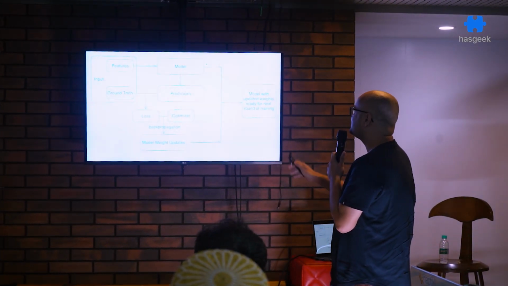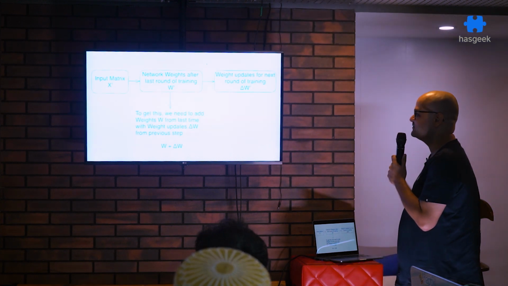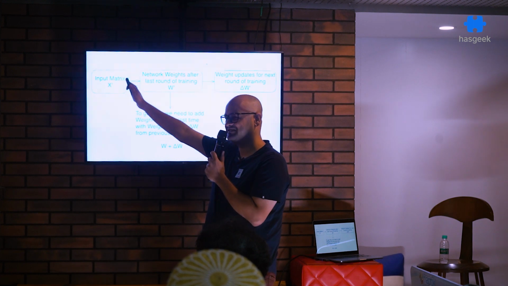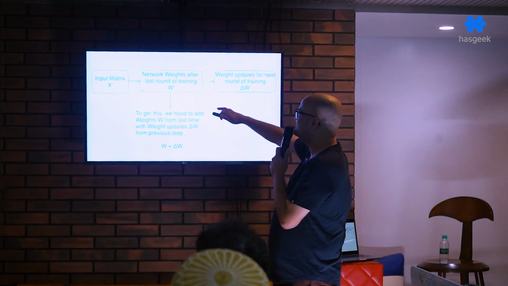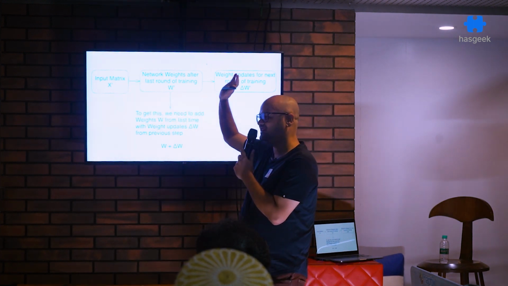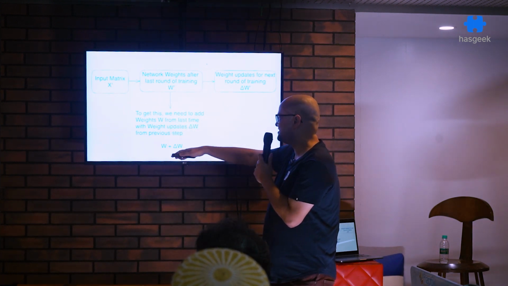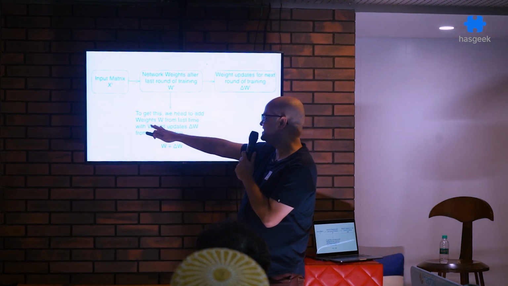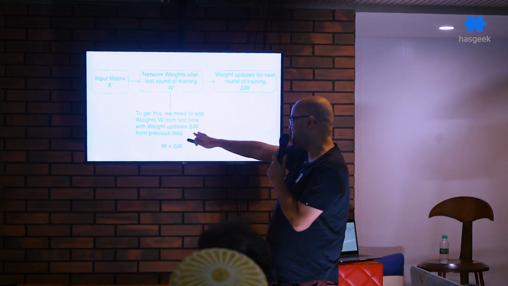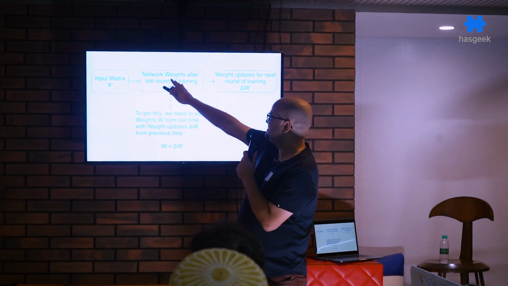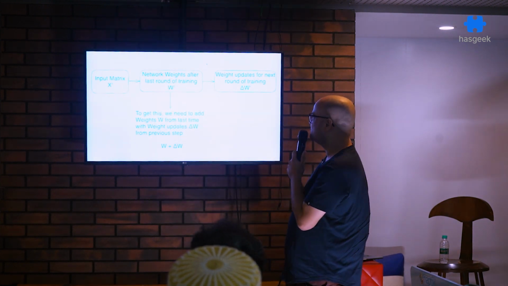Right. So simplifying this a bit further, what we really have is an input matrix X for this round, and we have the network weights from the last round, and to get this we need to add the weights from the last round and the updates from the last round, and that is the network weights we have after the last round of training.